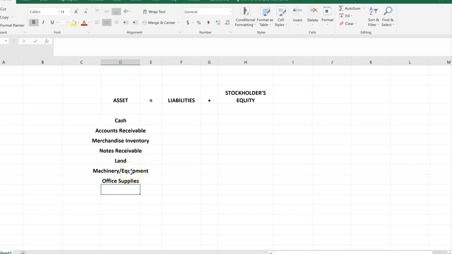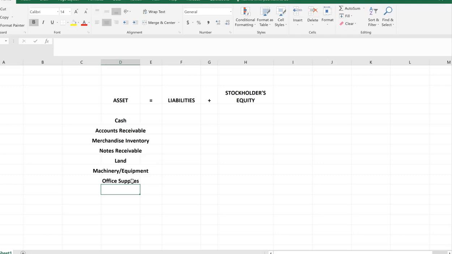Machinery, equipment, same thing, depending on what I do for a business, machinery to make my product, or a Xerox machine or anything like that, a shredder, things like that. Those are all included. The cost I paid, remember the cost principle, the cost I paid for them is included in my machinery and equipment account. Office supplies, we're going to talk about a lot throughout this course.